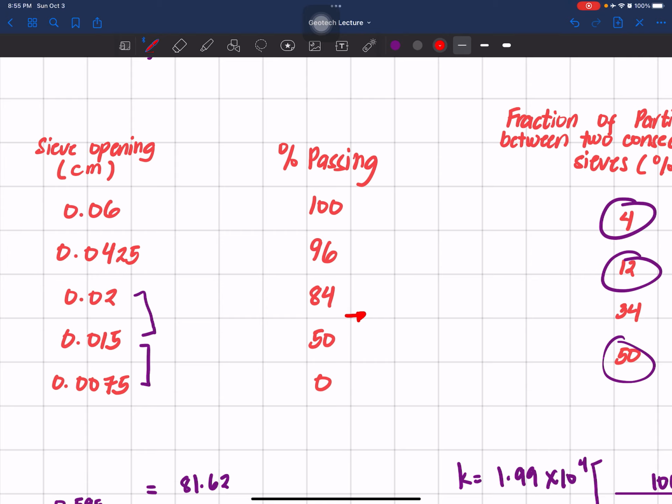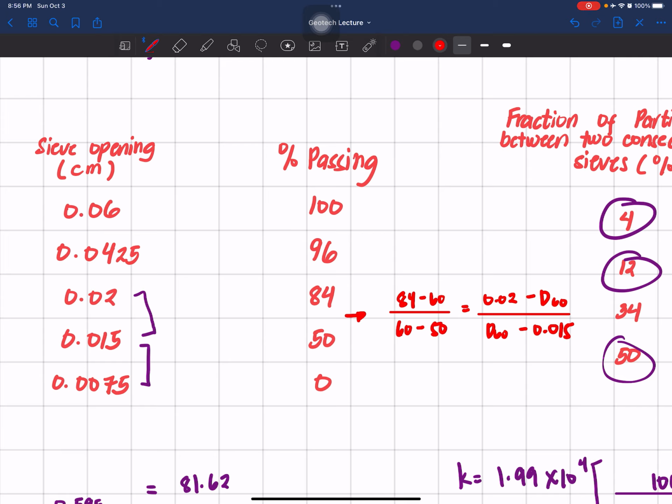So, let's try to compute or solve for the D60. So, that is 84 minus 60. Interpolation lang to guys ha. Baka nakalimutan nyo na. 60 minus 50 is equal to 0.02 minus D60 all over D60 minus 0.015. Ayan.